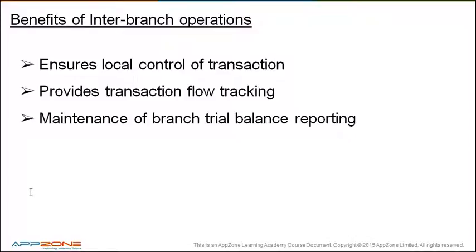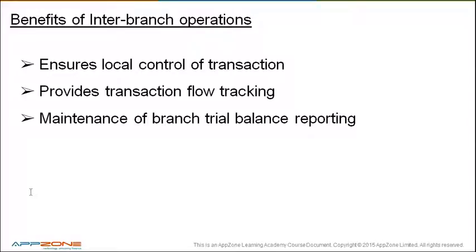So if the branch fails to perform theirs, it will show up during reconciliation because the transaction flow will be shown as incomplete. The head office has completed its own, but the branch hasn't.